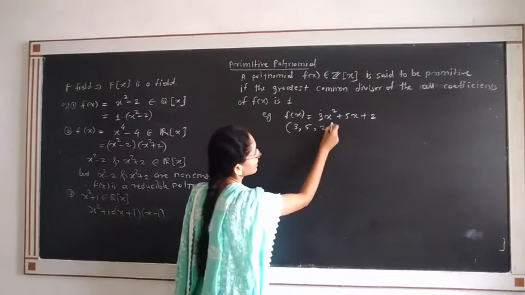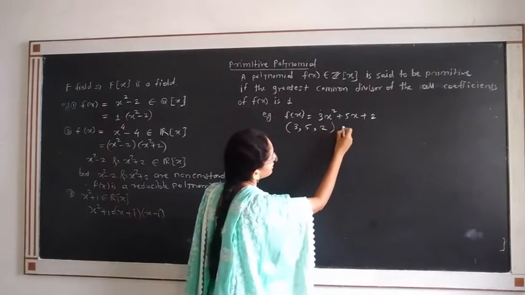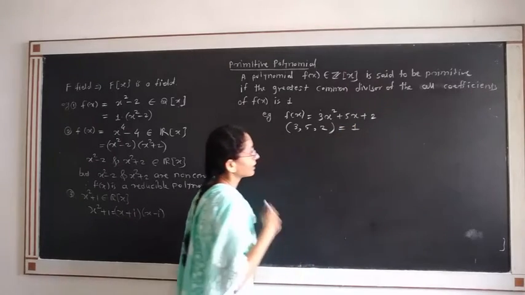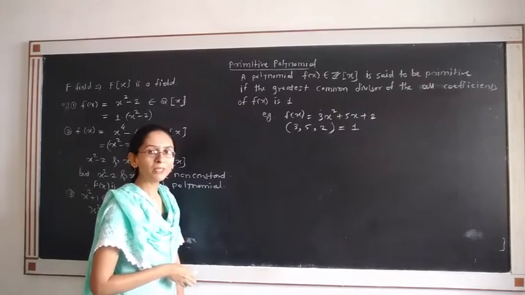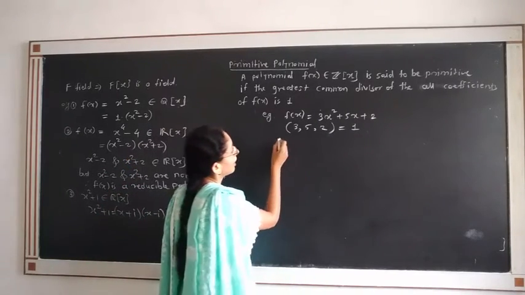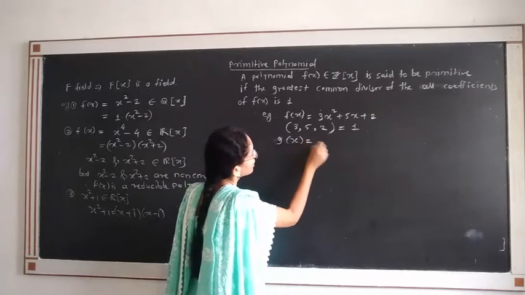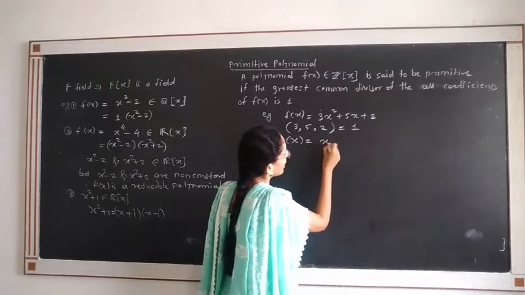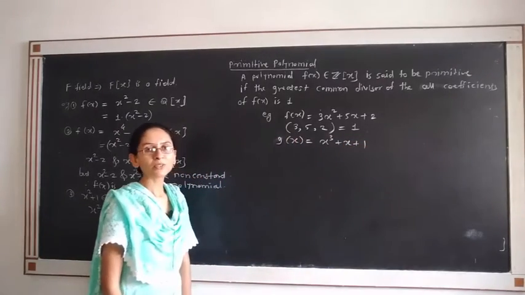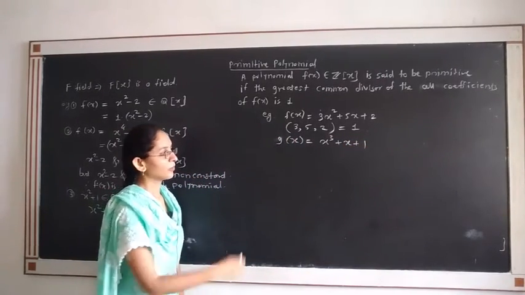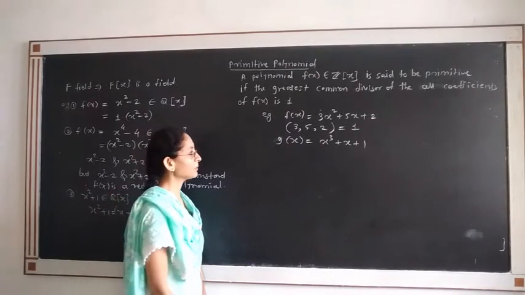What is the GCD? GCD is denoted by round brackets. What is the GCD of these 3 integers? It is equal to 1. Therefore, the polynomial 3x square plus 5x plus 2 is a primitive polynomial. This is an example. Another example is g(x) equal to x cube plus x plus 1. This is also a primitive polynomial. All the coefficients are 1, therefore their GCD is equal to 1. Therefore, it is a primitive polynomial.